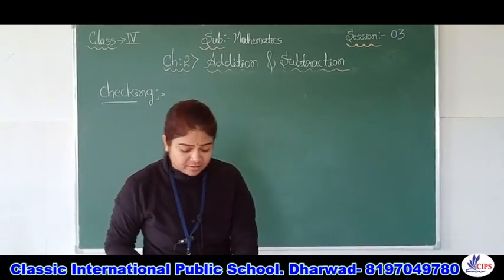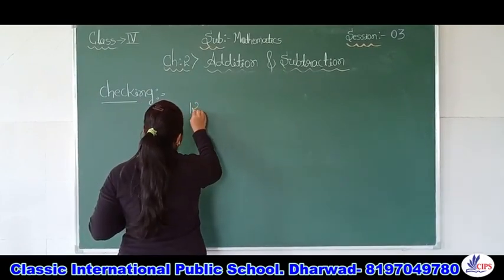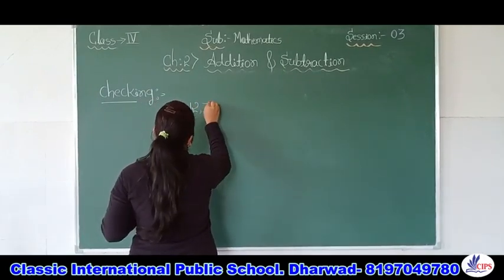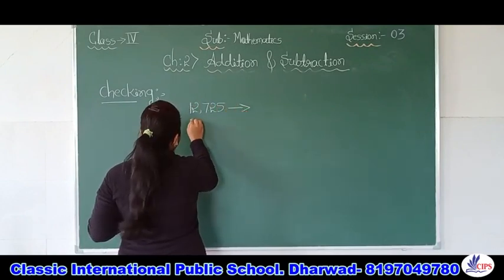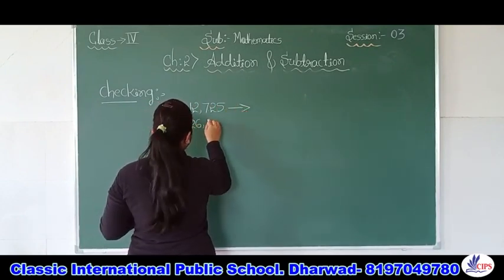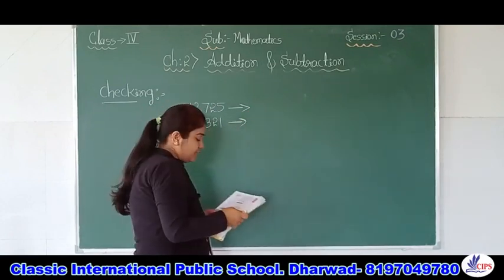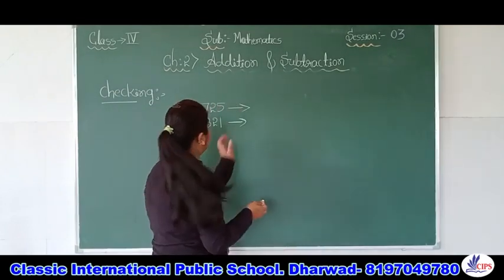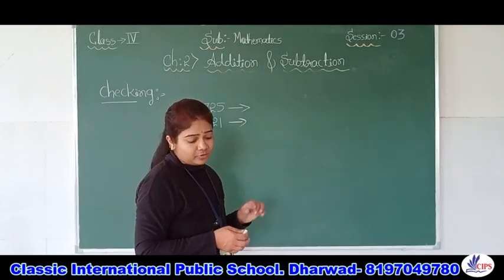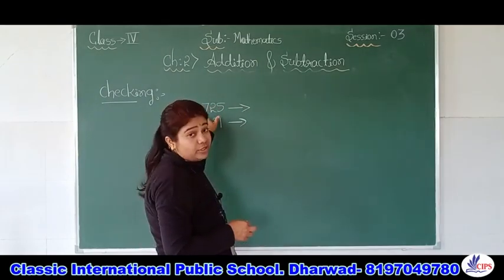Okay, let's start. The numbers are 12,725 and 26,321. These two we have to round up. You know that we are rounding to the nearest thousands.